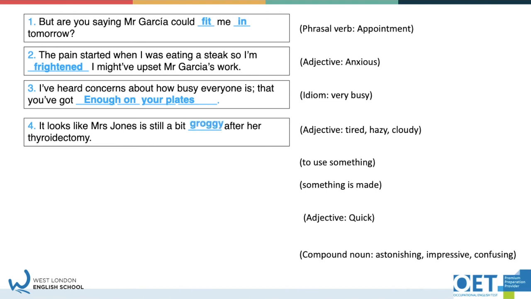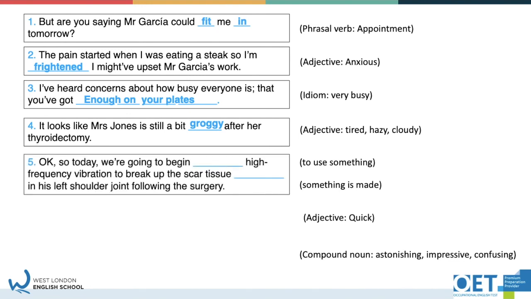Number 4, groggy. I love this word. So meaning the same as tired or hazy, cloudy. Remember, groggy is that kind of state where you are waking up and you're almost in the middle of being asleep and being awake. Okay, so utilizing is very similar to using.